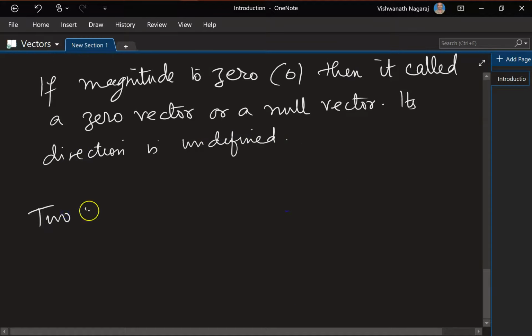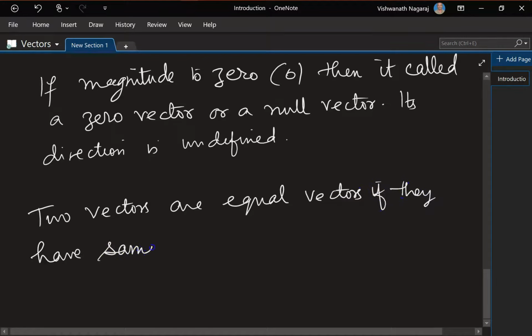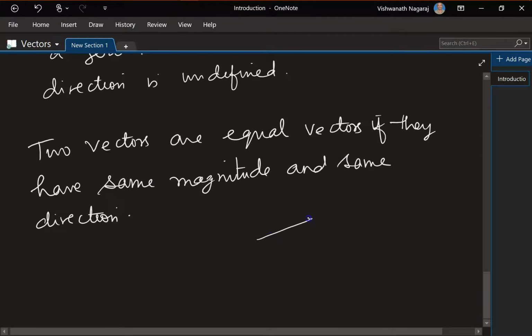Two vectors are equal vectors if they have the same magnitude and the same direction. So let's say we have a vector like this, another vector like this, and another vector like this.